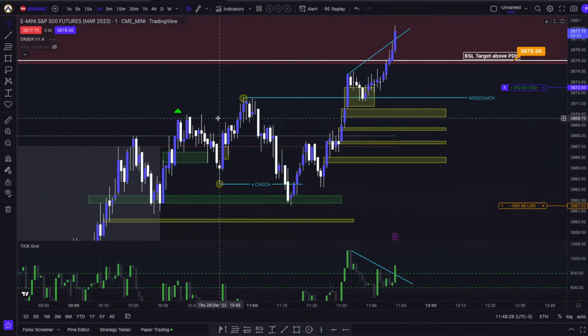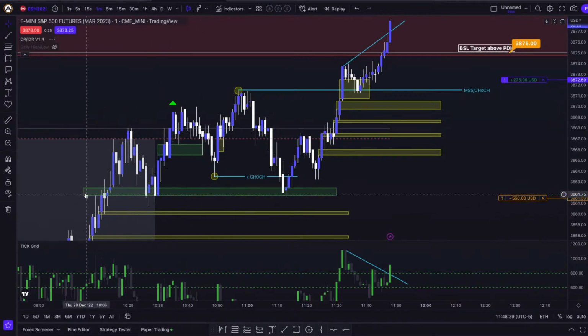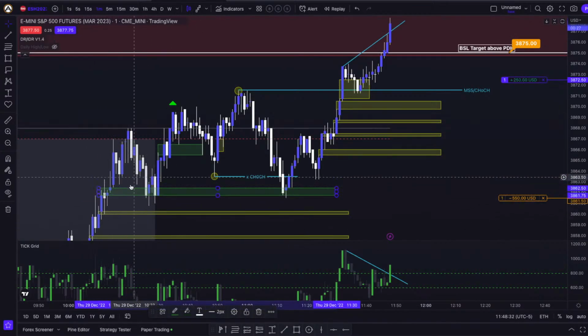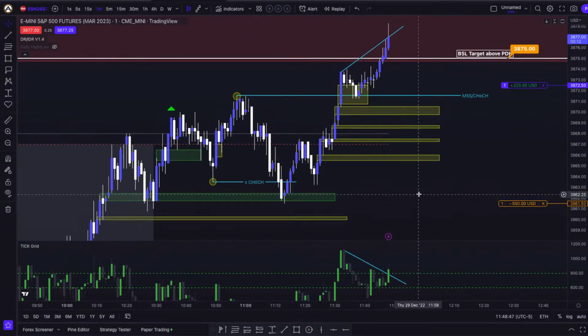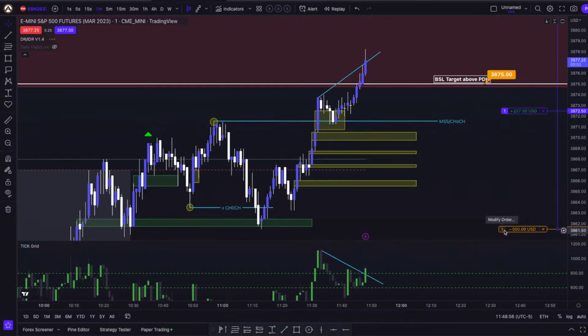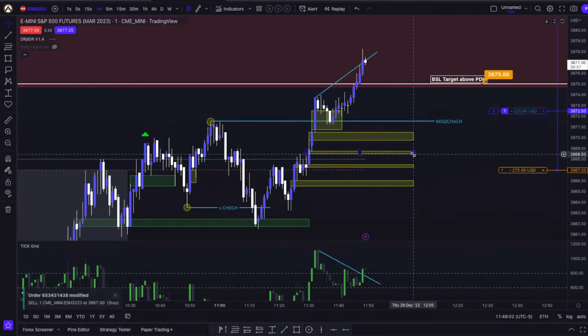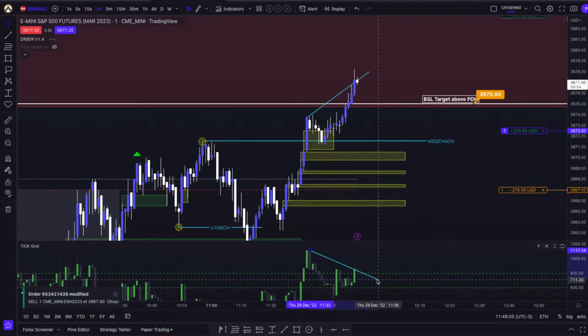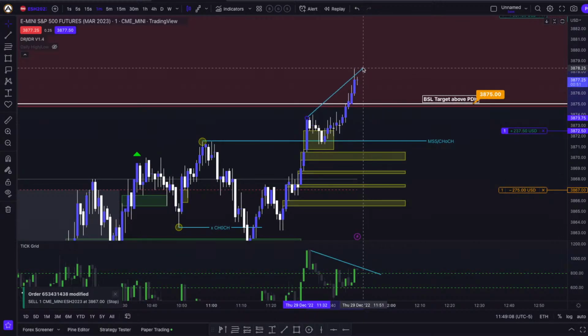Of course, with your bullish bias confirmed, you could have entered based on our old 5-minute fair value gap that we had right here, where we already formed a very small low time frame double bottom pattern right here, for example, as a supply area. But overall, I got spooked a little with this change of character. Did not work out, but we still got an entry relatively up high, but still in profit. We will see. I'm thinking of dragging my stop loss closer to my entry, to our DR low. We modify it. We see how it's continuing and how this divergence on the tick grid is playing out.